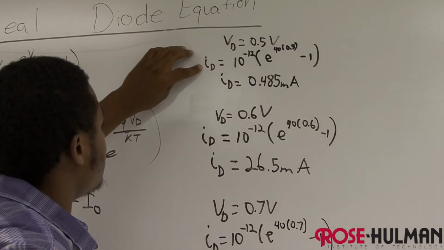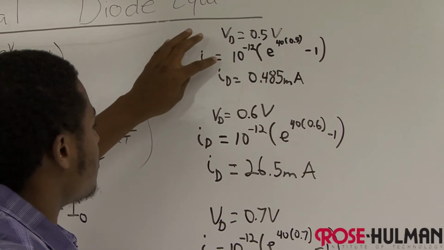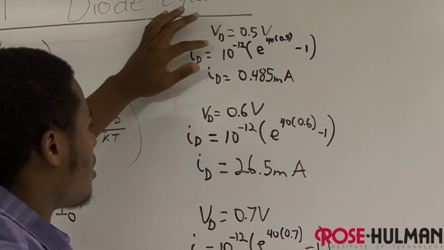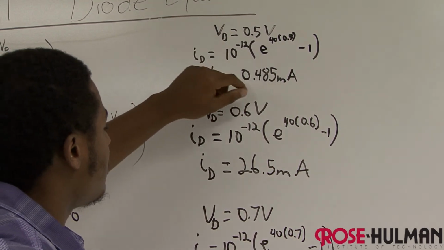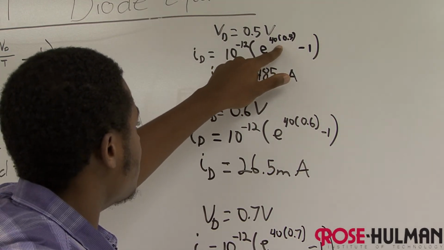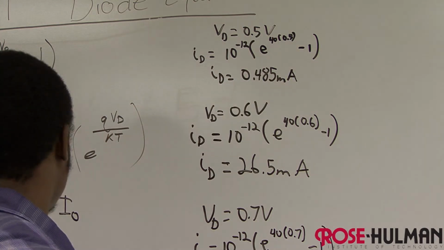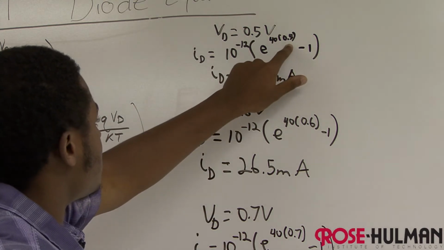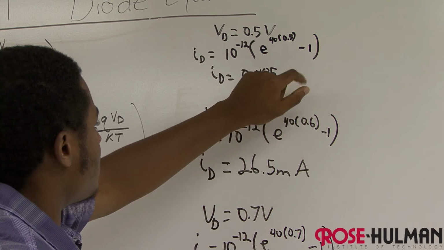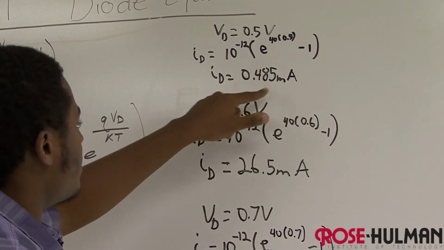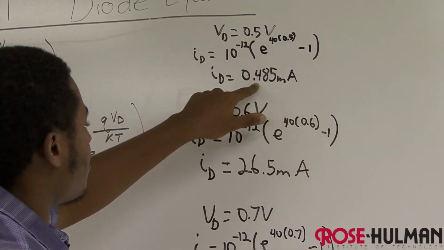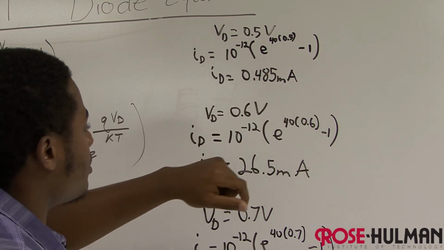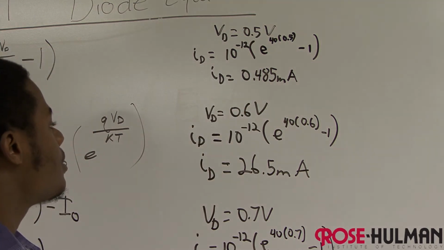So we're going to do I_D is equal to 10 to the negative 12, which is our reverse saturation current, times e to the 40, which is our constant q over kT, times 0.5, which is our diode voltage, minus 1. This gives us a current running through the diode at 0.485 milliamps.